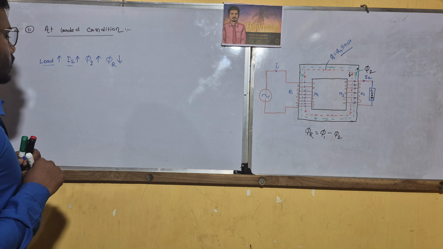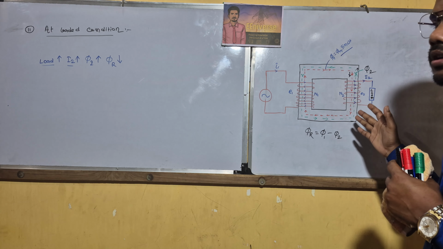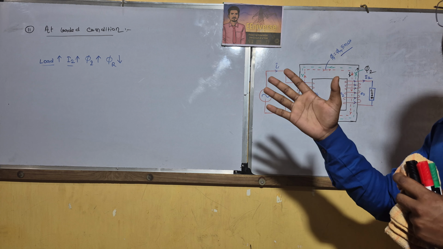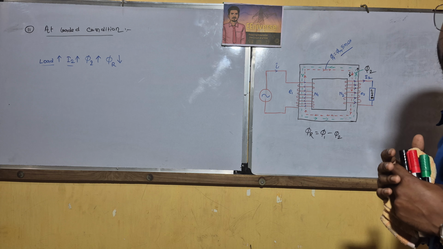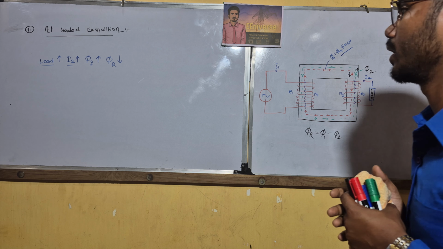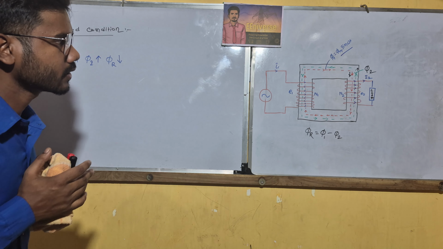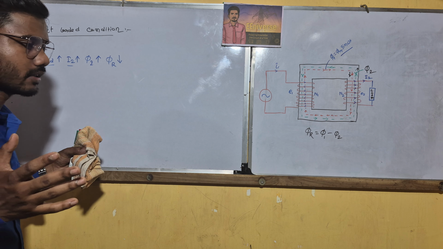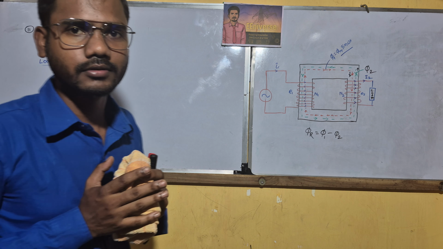So when we connect a load, due to that a current is drawn on the secondary side, a secondary flux is generated, and this secondary flux opposes the main flux. Due to that the resultant flux decreases, right?